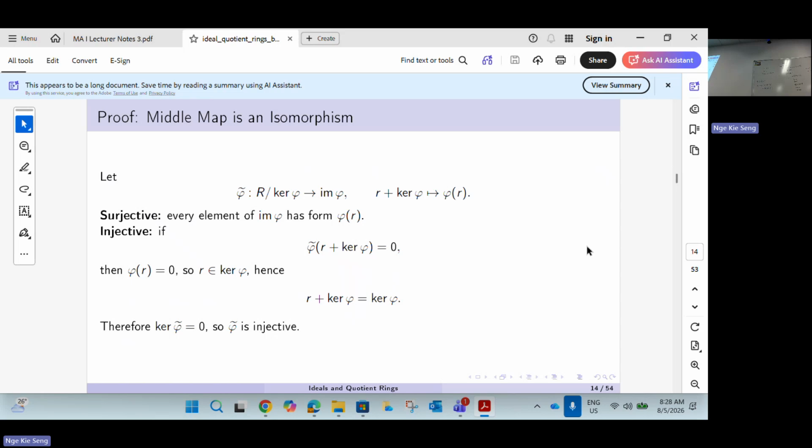Before, we proved that phi of A equals phi of B implies A equals B. Now we prove it using the kernel being 0, only one element. If the kernel only has one element, then phi is injective.